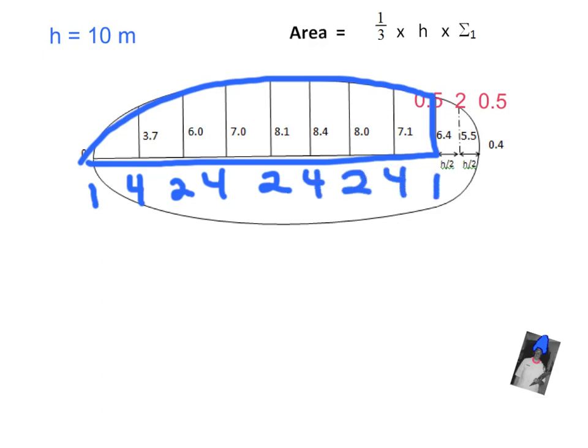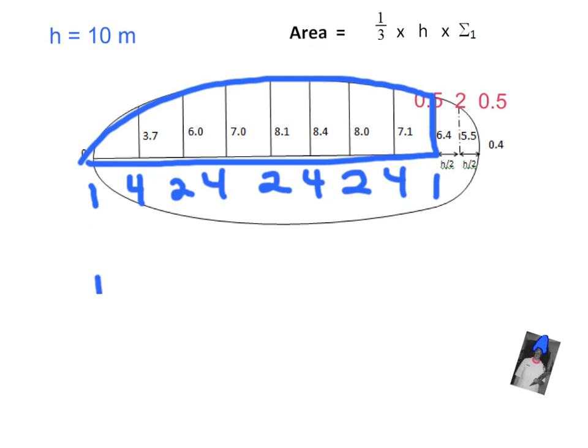Now, what's interesting is that the semi-ordinate 6.4 has a multiplier of 0.5 for the appendage calculation and a multiplier of 1 for the remainder of the waterplane area. Because I'm going to use a common h value in my calculations for both the appendage and the remainder of the vessel's waterplane area, I can add 0.5 and 1 and give that semi-ordinate 6.4 a multiplier value of 1.5.